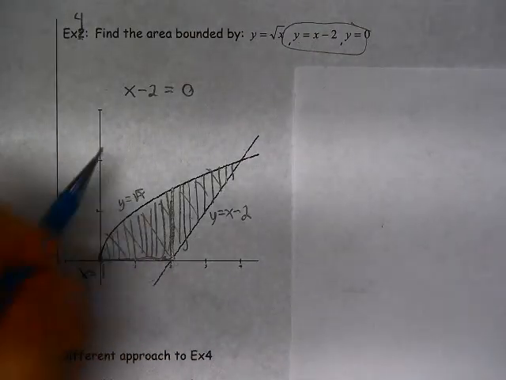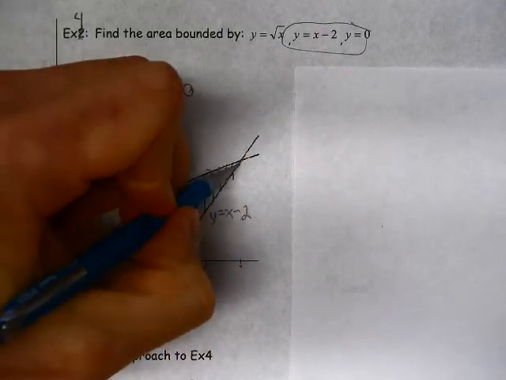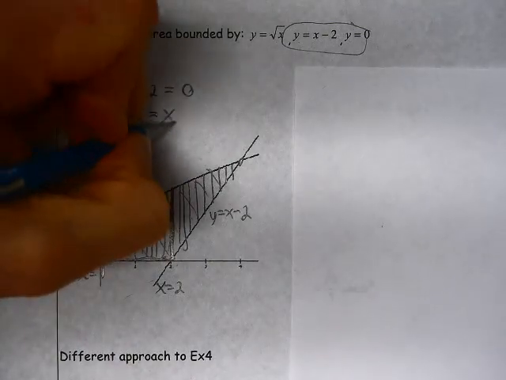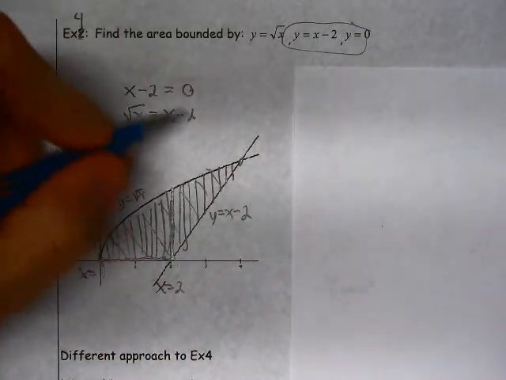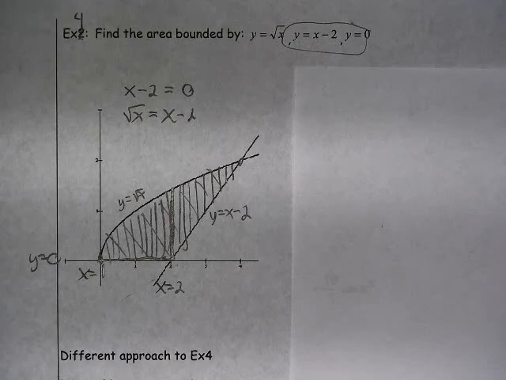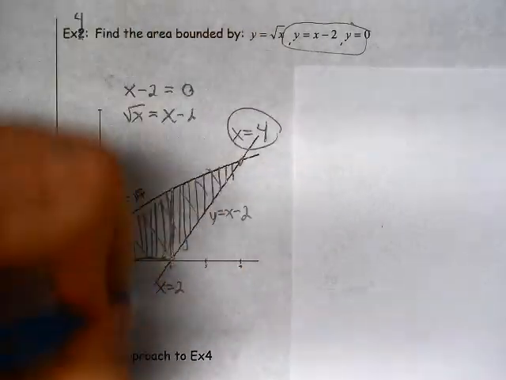It's where they intersect, which of course is at x equals 2. And then here, this is where the square root of x intersects x minus 2. All right, so I have to really solve that for x. Turns out that's also x equals 4 there.